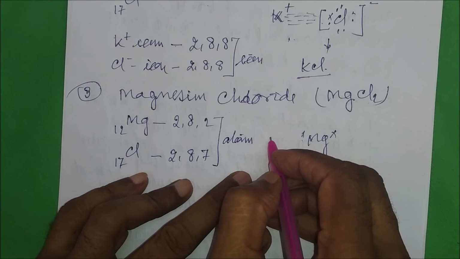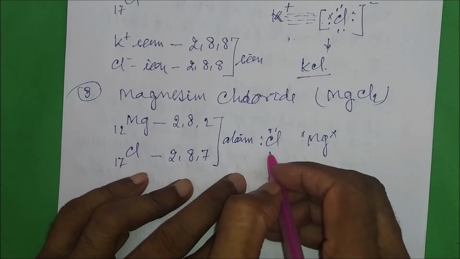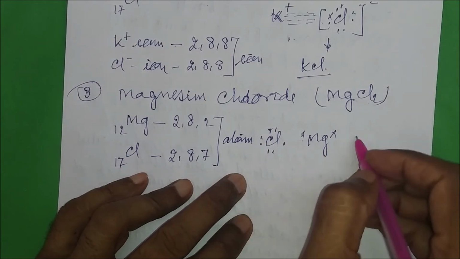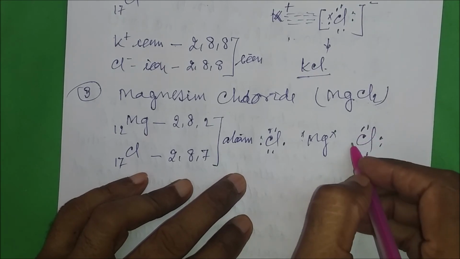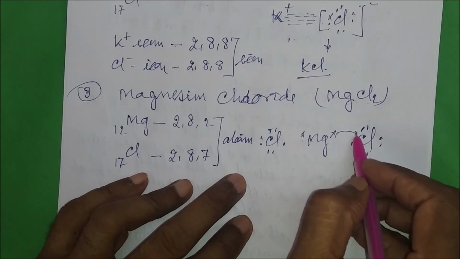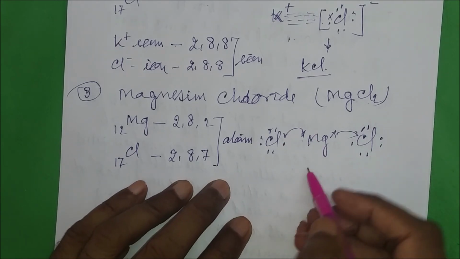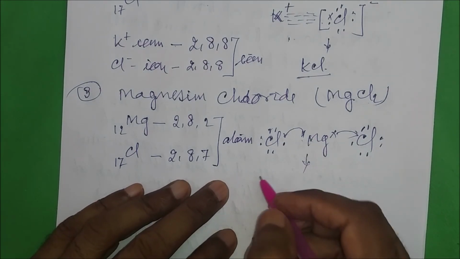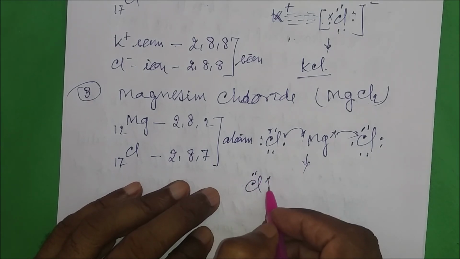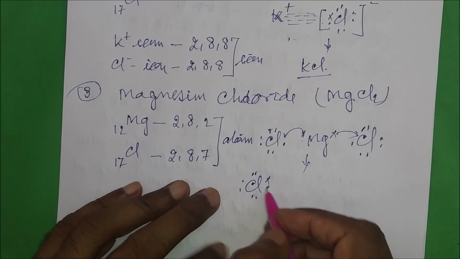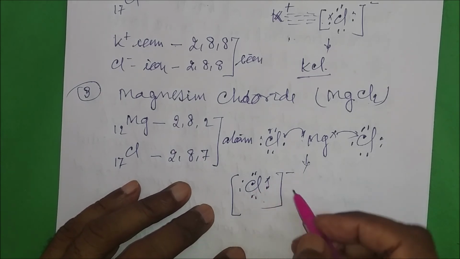Suppose here I am writing chlorine, 2, 8, 7, and here also chlorine, 2, 8, 7. So one electron has been transferred from here to here, and this one from here to here. Now see, here chlorine becomes 8, and it will be negative because one excess electron is there.